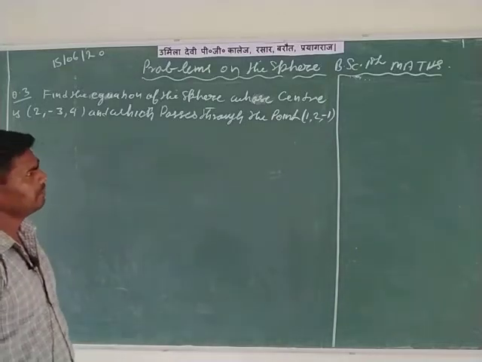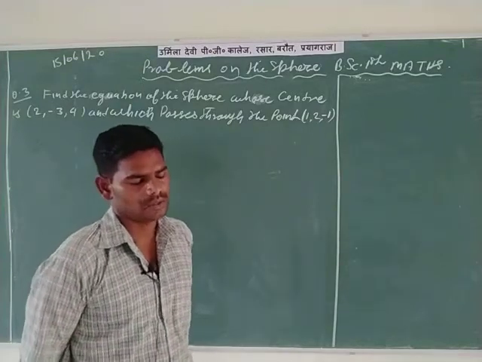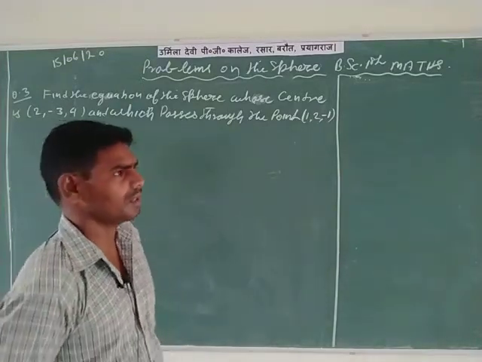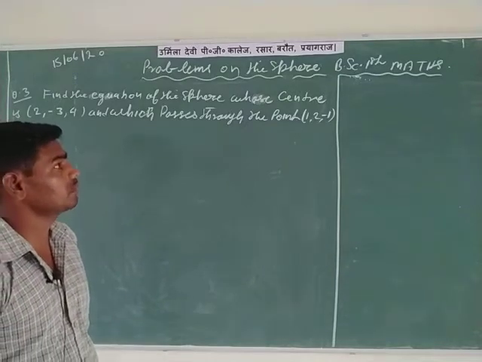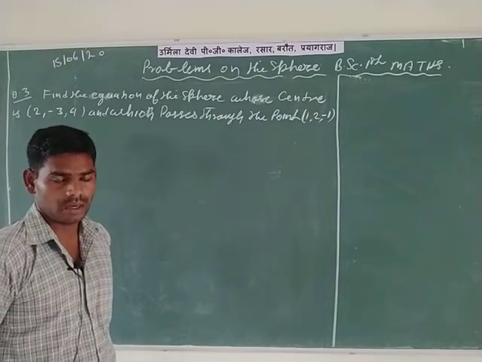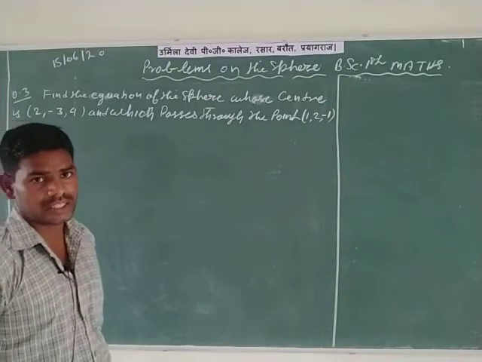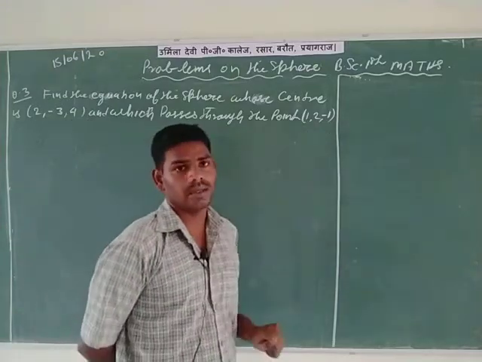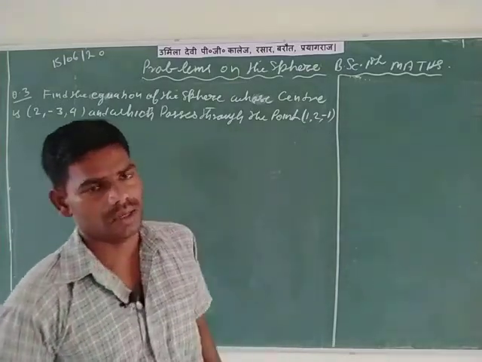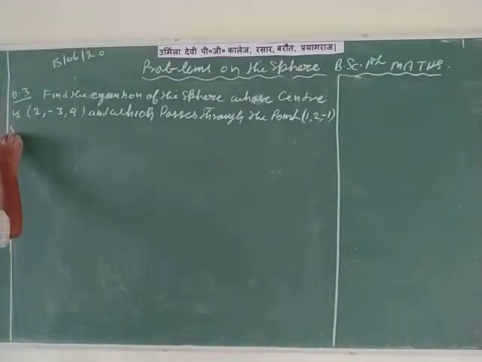If you can find the radius of the required sphere, you can write the equation of the required sphere. Since this sphere is passing through the point 1, 2, -1 and center is 2, -3, 4, then the distance between center and this point is equal to the radius of the required sphere, you know that, and therefore write the solution.